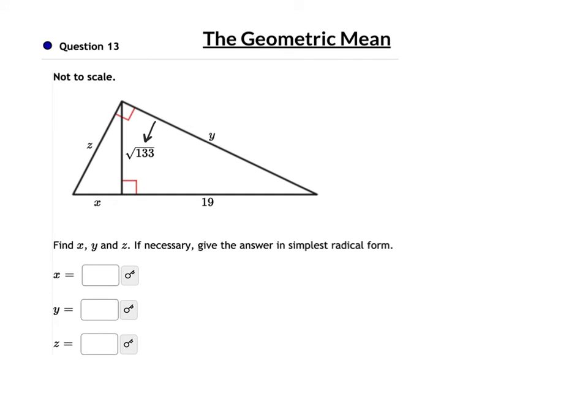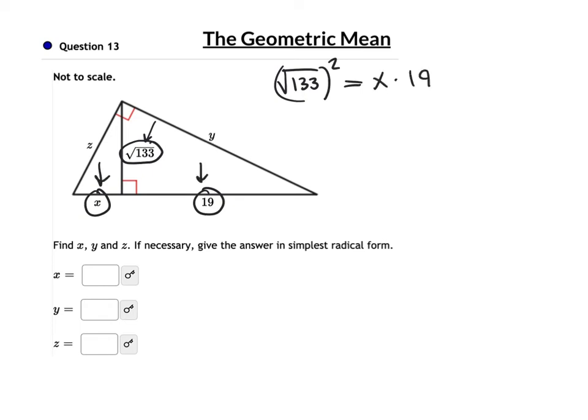As I do number 13, I need to find one of those three cross products that allow me to find a variable. And the only one that can work is these three pieces. I know the height squared, that's root 133 squared, equals these two pieces multiplied, x times 19.